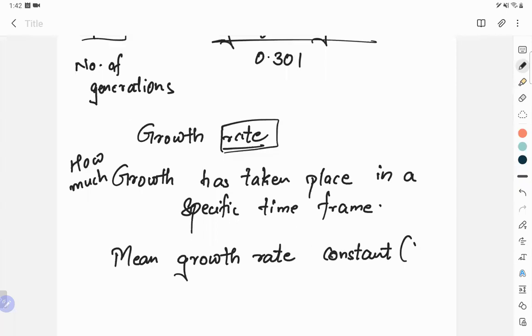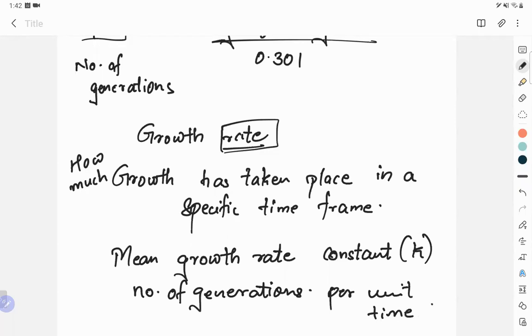Okay, so mean growth rate constant, which is also abbreviated as small letter k, it is the number of generations. Obviously, number of generations tells you how much multiplication has taken place per unit time.